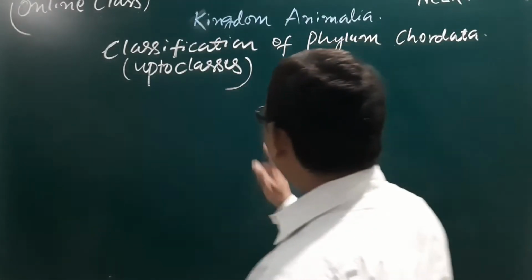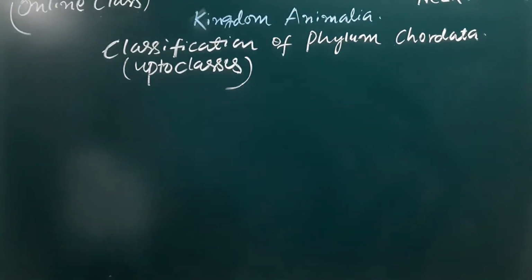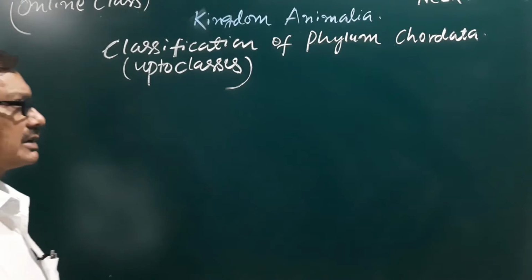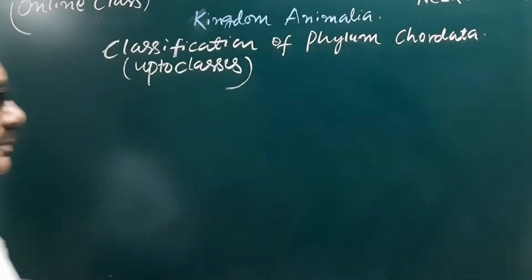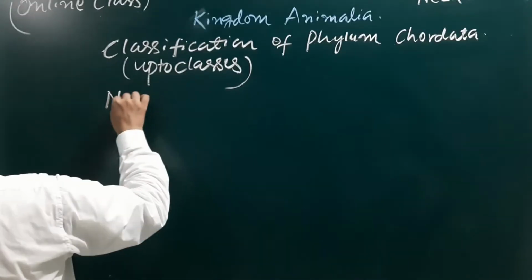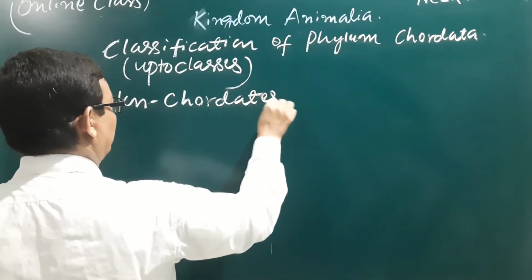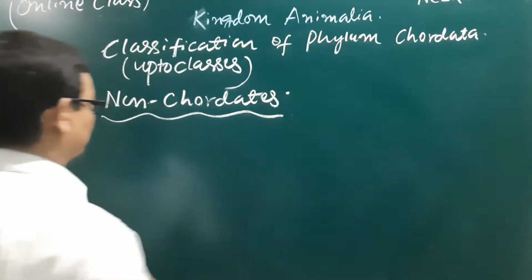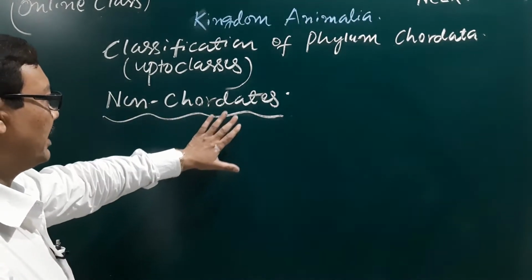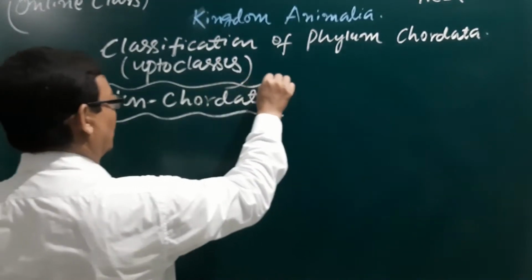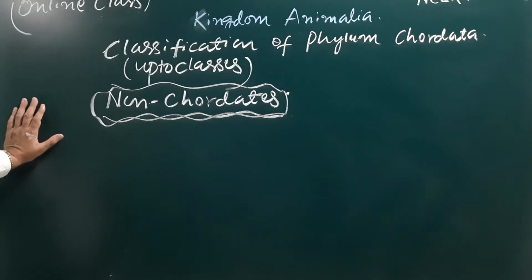In the earlier part of the class, we studied that depending upon the presence of the notochord, animals may be categorized as chordates and non-chordates. So far, we have studied the different phyla related to the non-chordates, where there is no notochord.